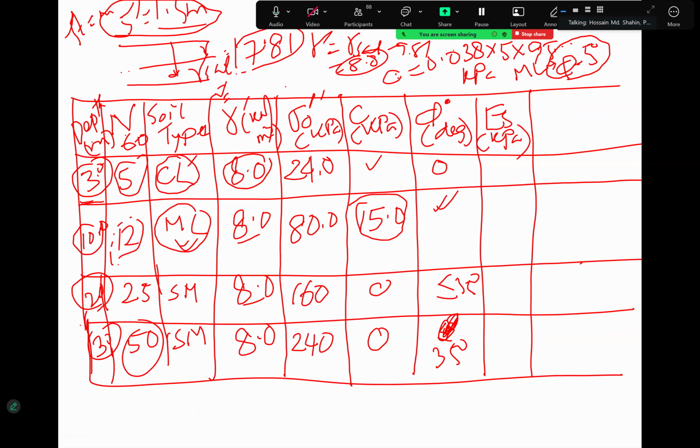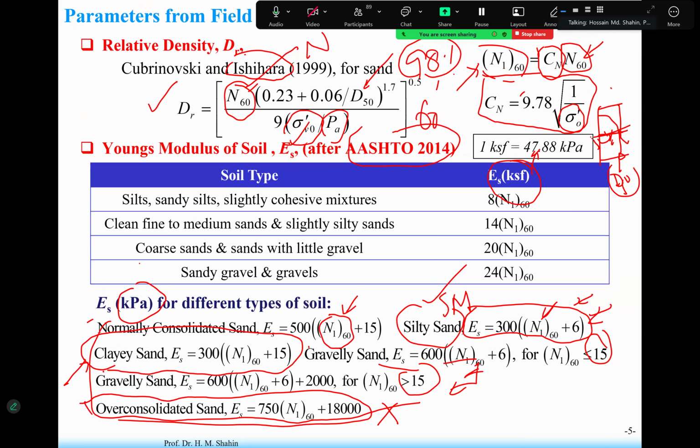So it will be 350 into N, N means this 5, into 95.76. Similarly, here ML, we will use the sandy soil one, sandy soil SPT N value given here. For silty sand, we will use 300 into this.